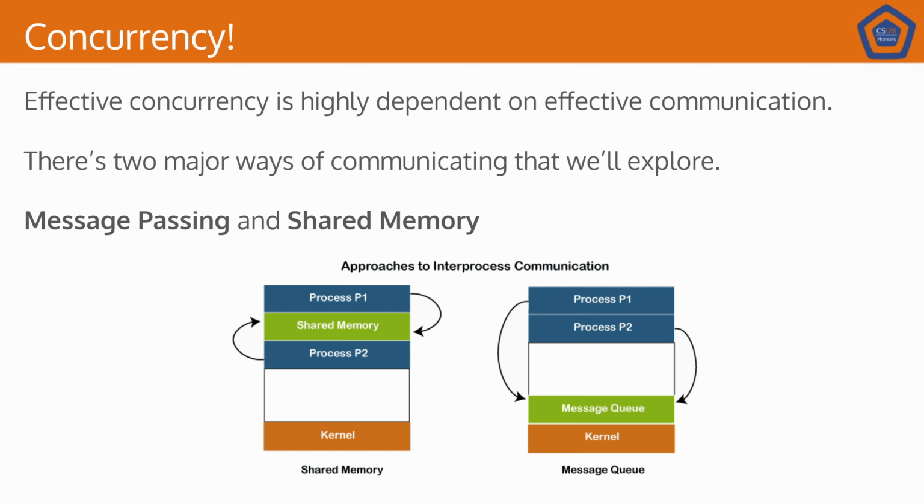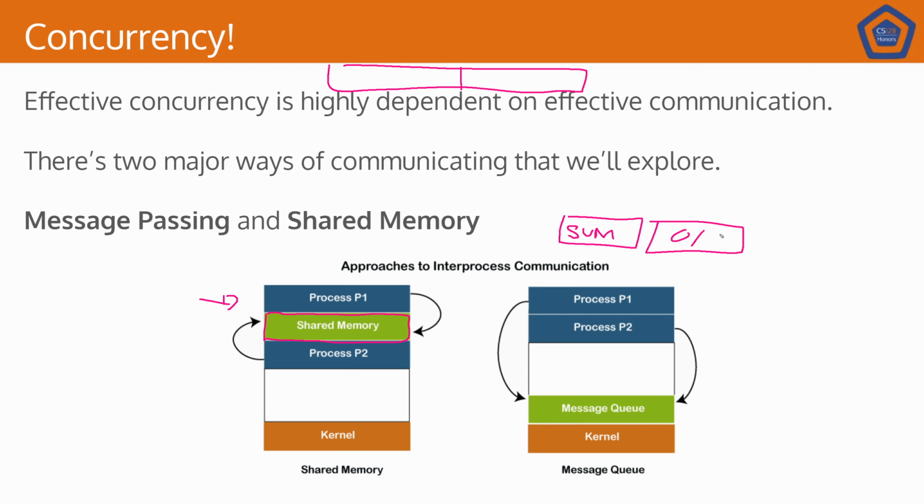So shared memory is sort of as it seems. We have two processes, two threads, whatever it may be, and they have some region in memory that they can both access. Okay, and so in our example of summing up some long piece of the vector, process P1 has a byte here and a byte here. This byte represents its sum so far. And this we'll just say is 0 or 1, representing if it's done.